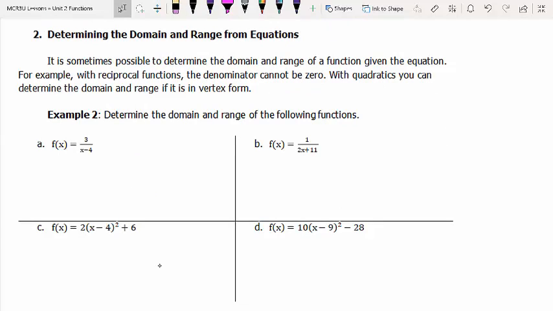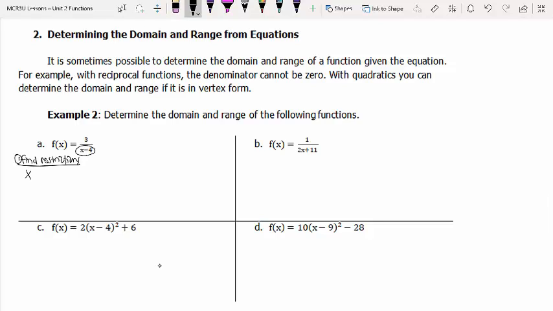So let's start with the domain. Okay, the domain is going to have a restriction on an x value, and that's going to be where the vertical asymptote is. So we need to figure out what our restriction is, and we can find that out by setting our denominator to 0, right? It's like when we figured out our restrictions in the last unit. Okay, so first step is find your restrictions, and then we can incorporate that into our domain.